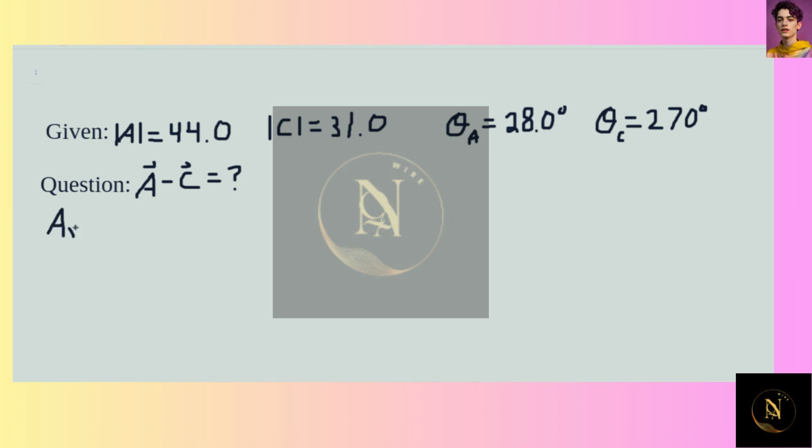AX, the formula for that is the magnitude of A multiplied by the cosine, since we're dealing with the x direction, of the angle theta A, relative to x. Okay, so this comes out to be 44 times cosine of 28 gives us 38.85.